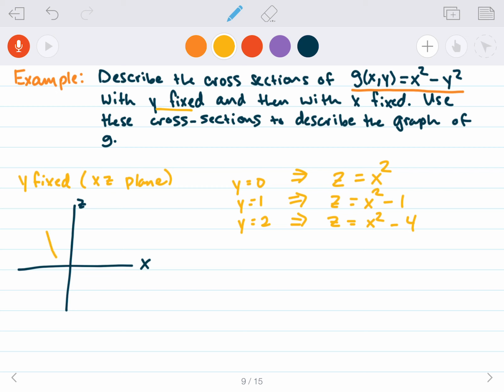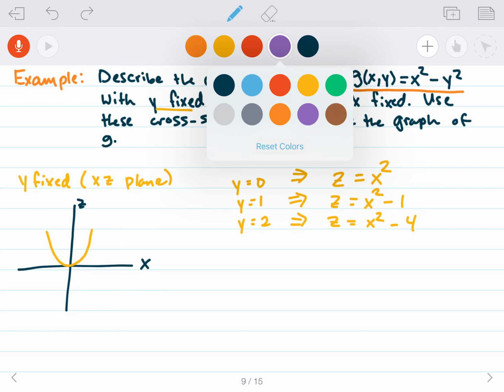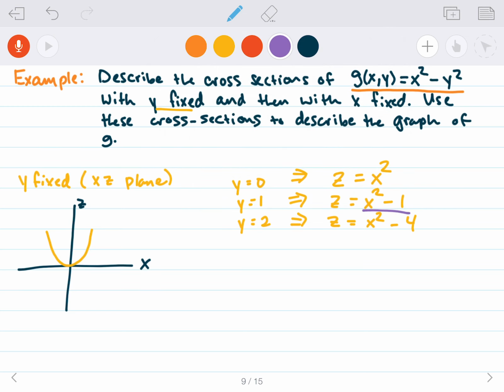I have this guy right here, just my basic parabola, z equals x squared. Then I have a shift down 1 unit. So this is going to be x squared minus 1. So it's going to look something like that. And then I'm shifting down 4 units for this last one, so maybe something like that. Okay, so that is my xz trace.